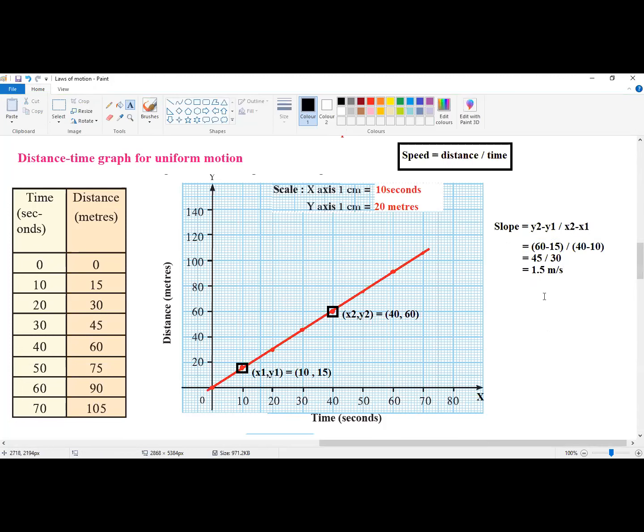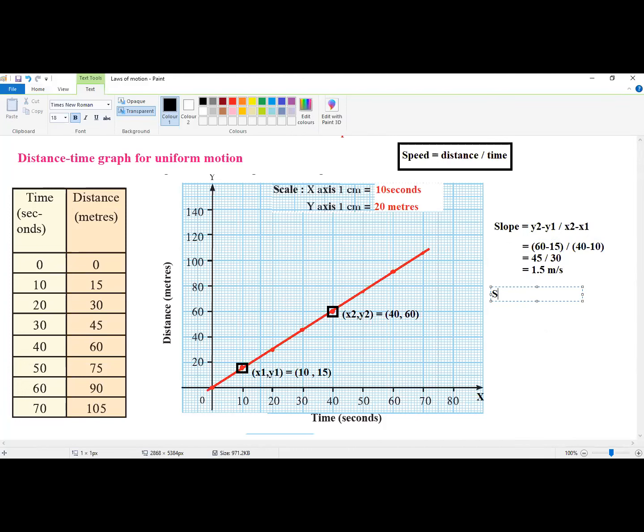So the slope will give you the value of speed. The object is moving with a speed of 1.5 meter per second.